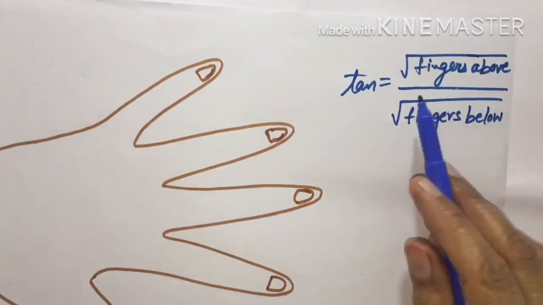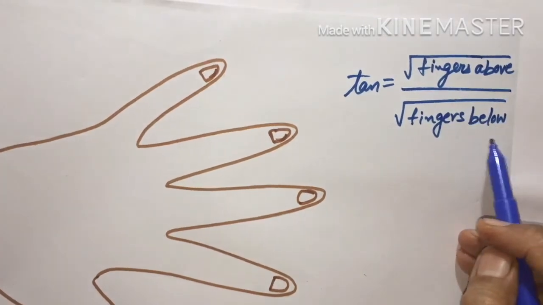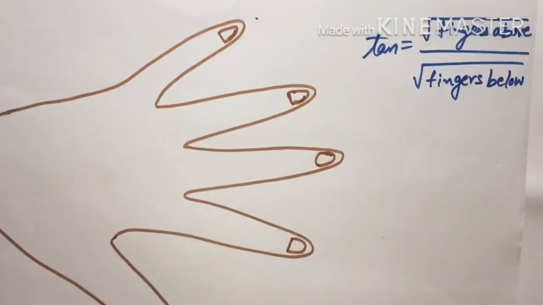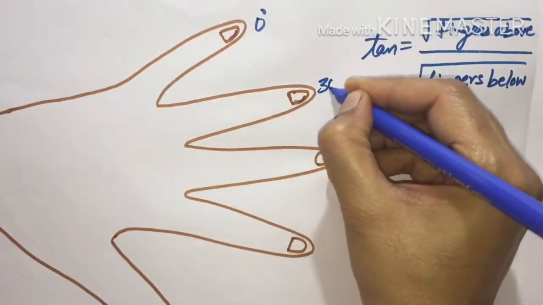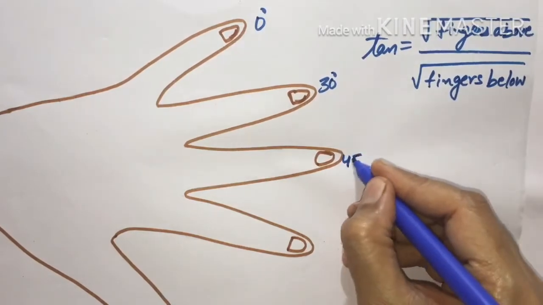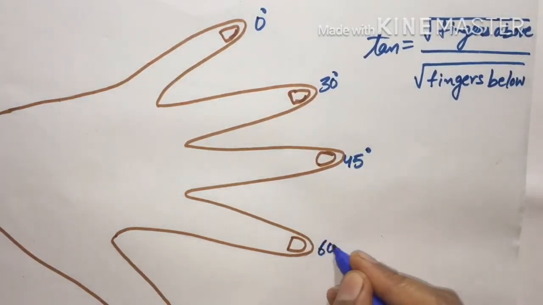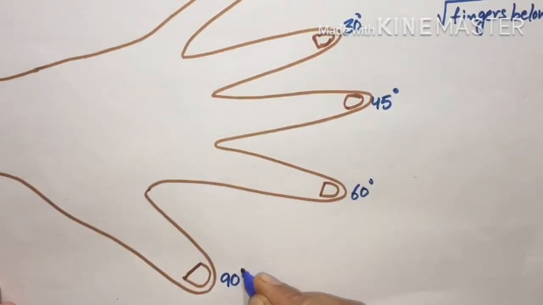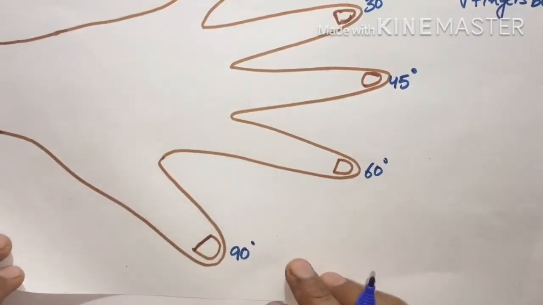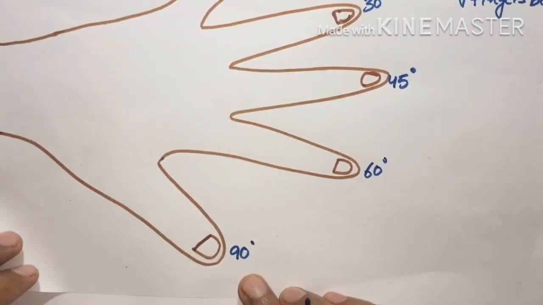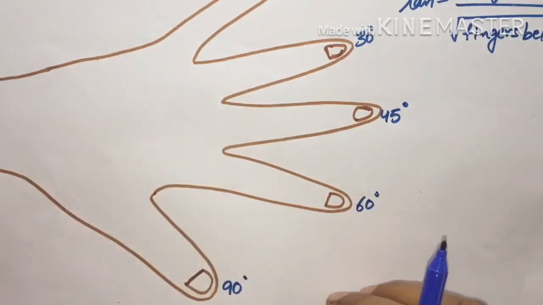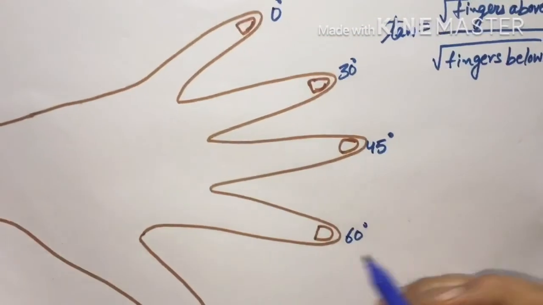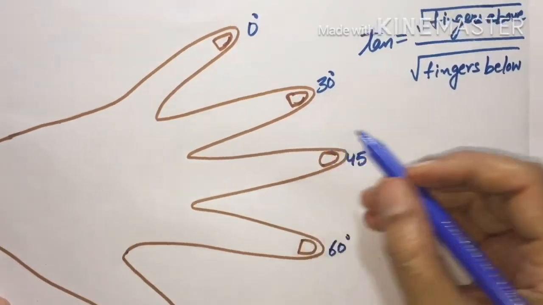Fingers above, root of that, upon fingers below, root of that. First we will write down the angles: 0 degree, 30 degree, 45 degree, 60 degree, 90 degree. Be careful that on the thumb the 90 degree angle will come. Now in the tangent the hand is flipped. Okay, so 90 degree is there, 0 degree is there.